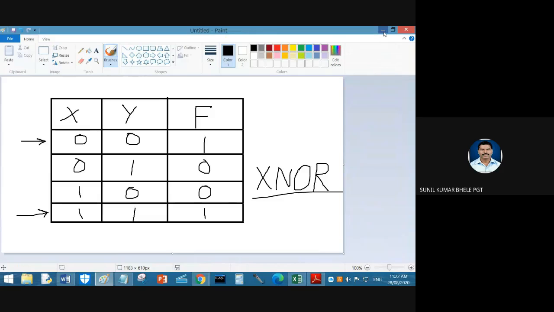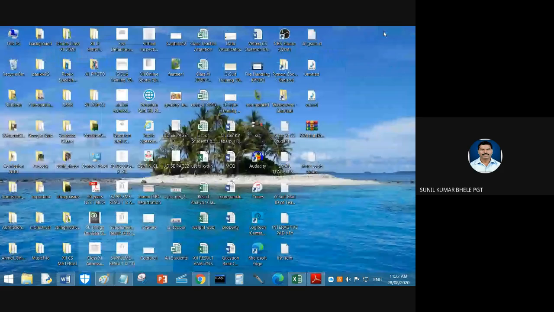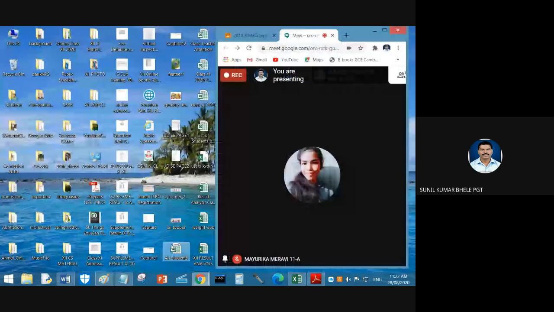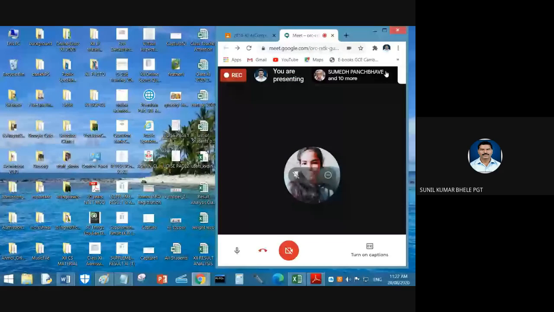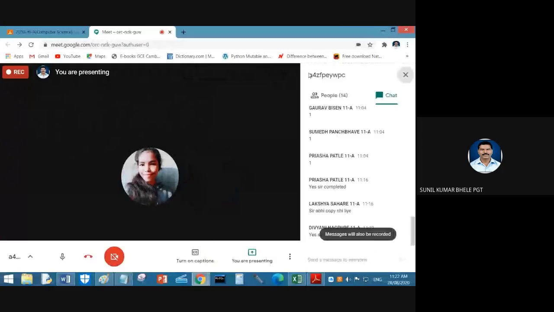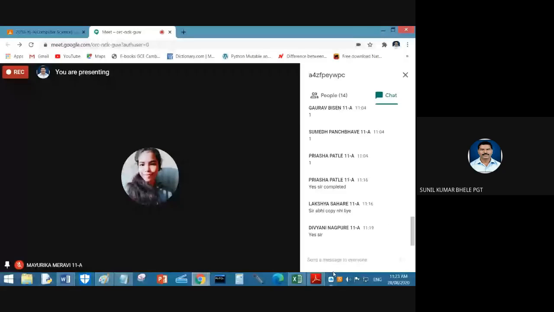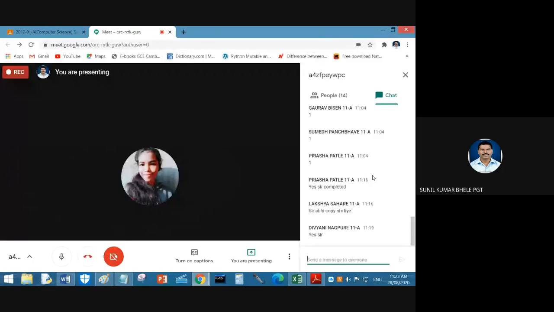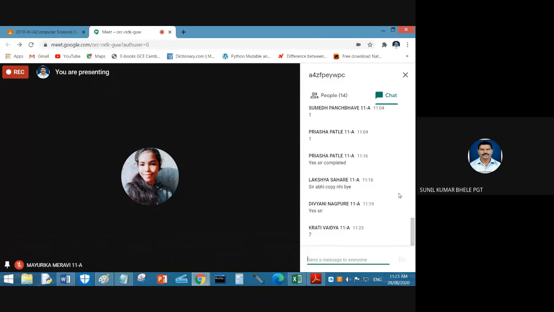So can you type inside the chat box the number of gates I have taught you, or the name of all the gates? Please type inside the chat box the names of all the logic gates. These logic gates are used to create logic circuits inside a computer.